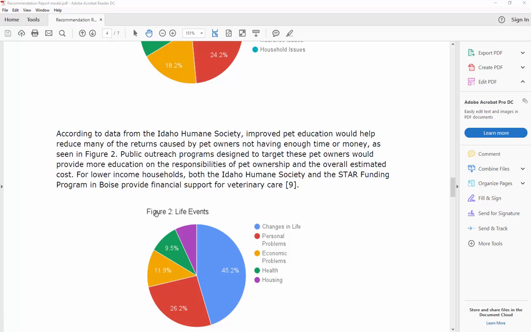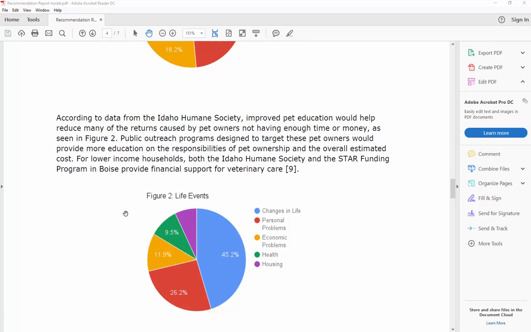The figure is showing life events that led to someone deciding to rehome their pet, but you can't tell that from the figure caption unless you read the text. So you want those figure captions to stand alone. This is something that's really challenging for a lot of students, and I'm going to have a separate video and module where I'll discuss how to deal with figures in the future.